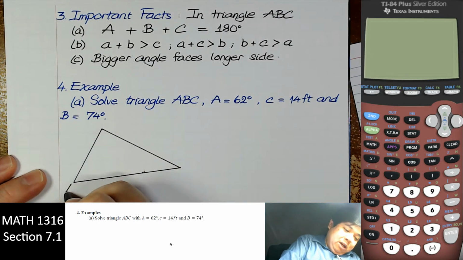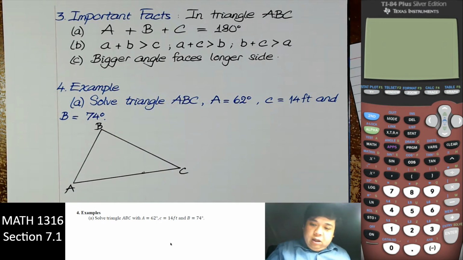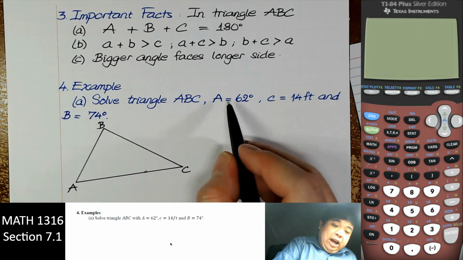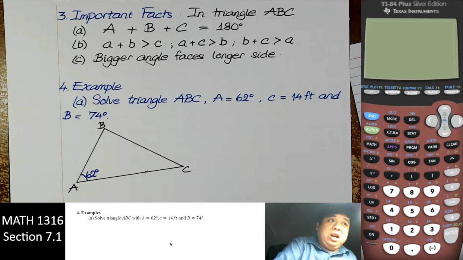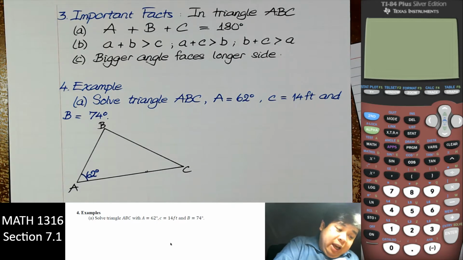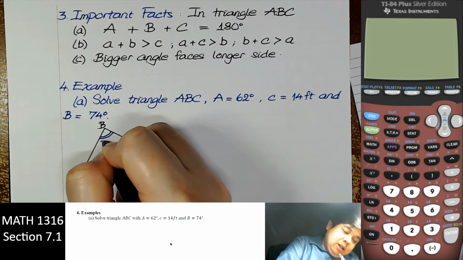We have triangle ABC. What we are given: angle A, 62 degrees. If there's degree, make sure we have the unit. Angle B, 74 degrees.